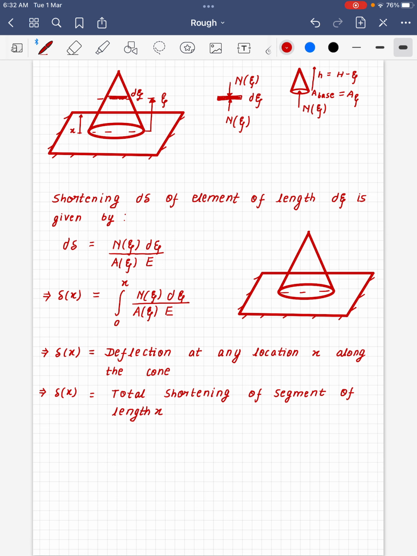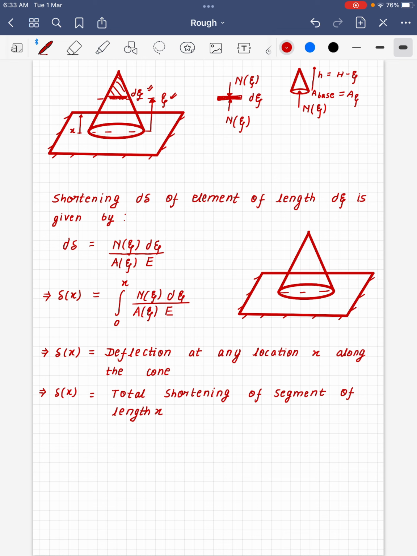So at a distance zeta from the base, we take an element d zeta, and the weight will be acting as a load on this element d zeta and will try to compress it.